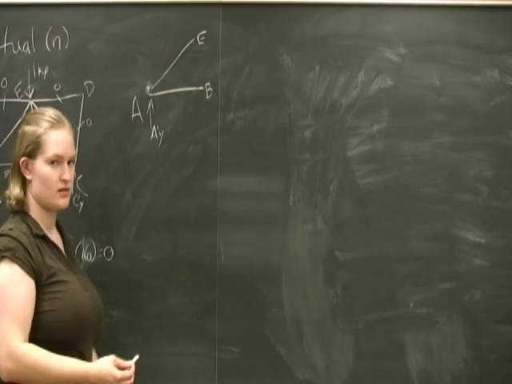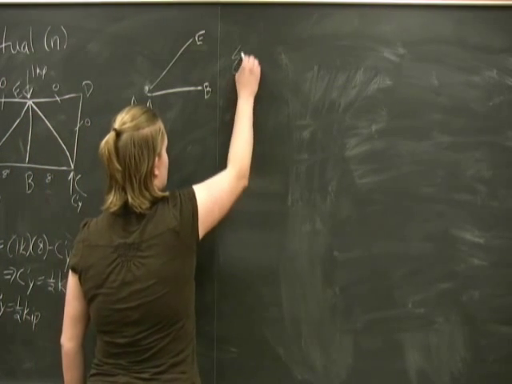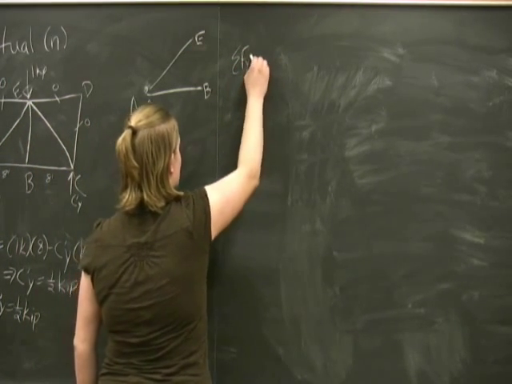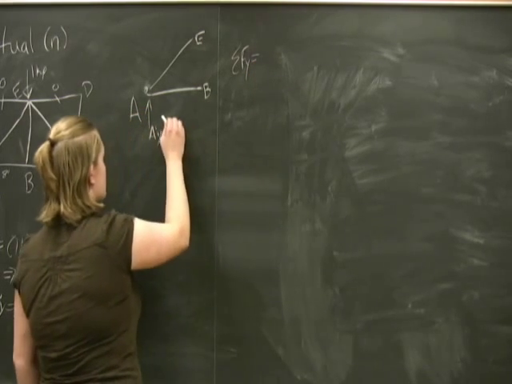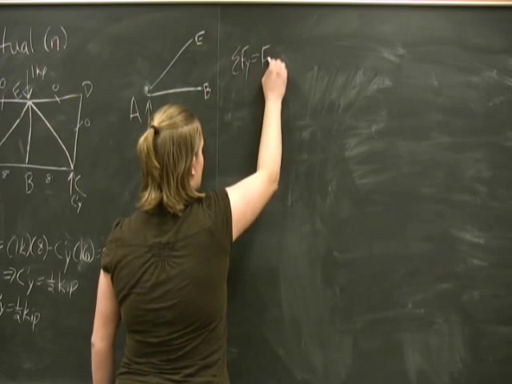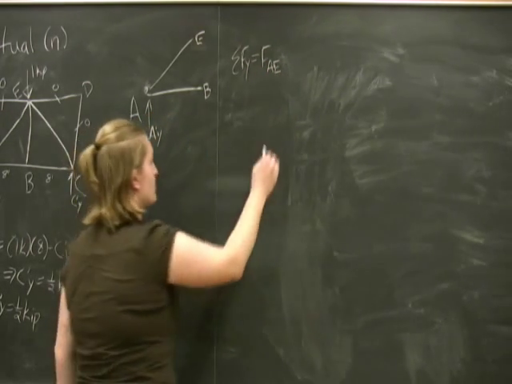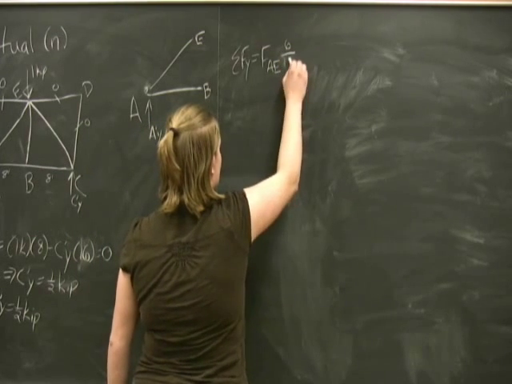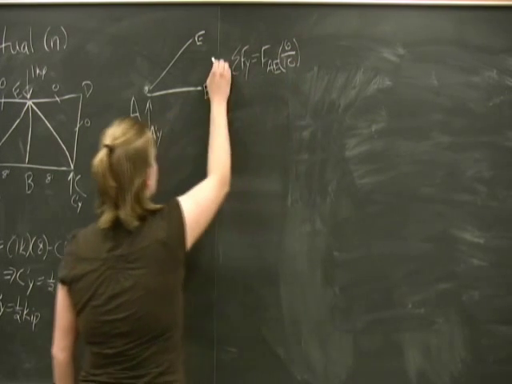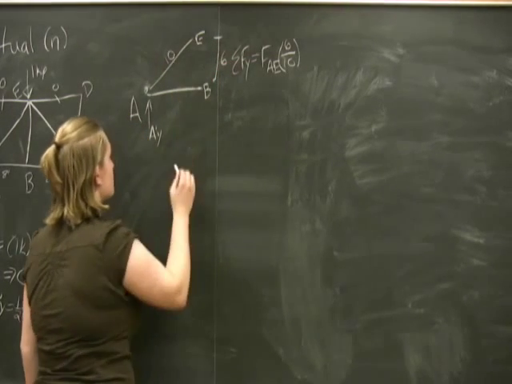We can just start using the equations of equilibrium, the sum of the forces in the y direction, which equals the y component of AE, and by the sine rule, it would be 6 over 10, because this dimension is 6, and this dimension is 10.